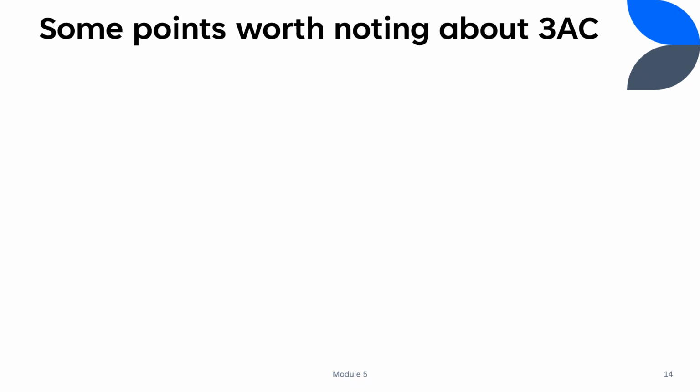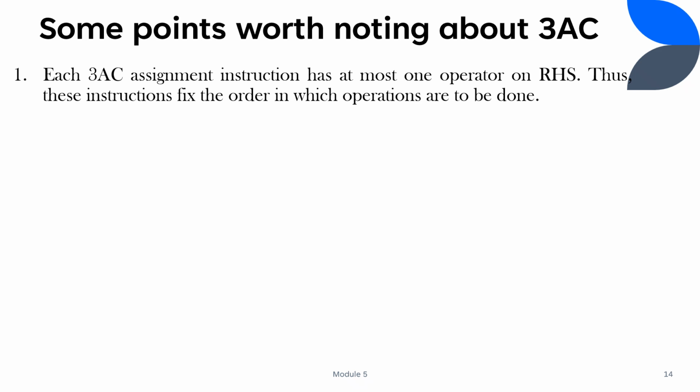You need to notice some points that were taken care of when the 3-address code was generated. First, if you have observed, every assignment instruction has at most one operator on the RHS. On the slide, in the first equation, t1, and the last equation, id1 = t3, the number of operators is 0.